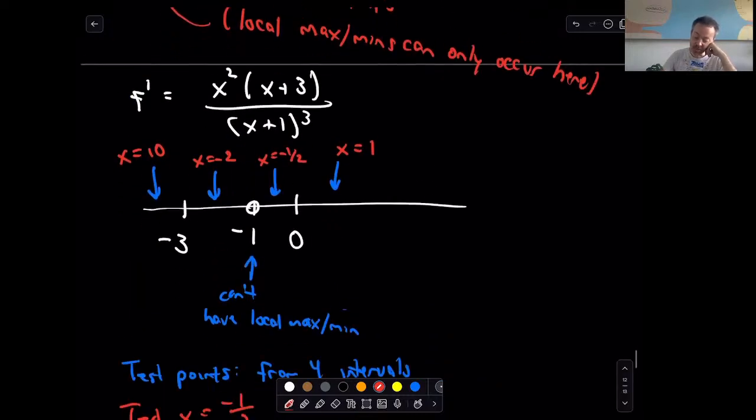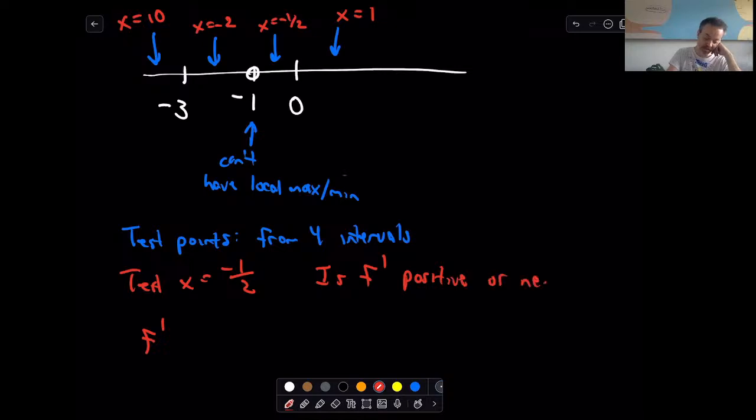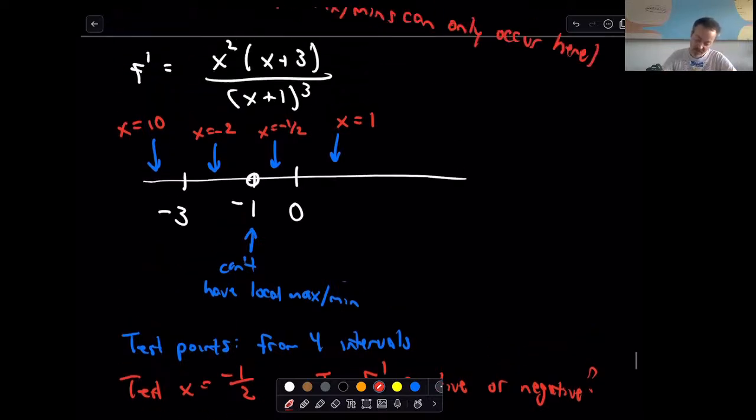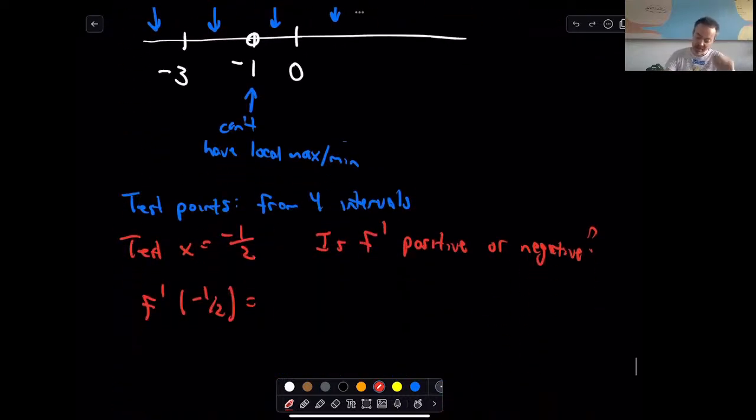And again, all I'm doing is plugging it back into the derivative. So I'm asking myself, is f prime positive or negative? So f prime at -1/2. I'm plugging it back into my derivative. So I'm going to have -1/2 squared.